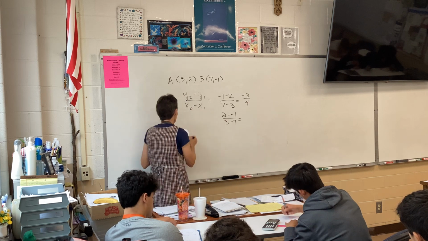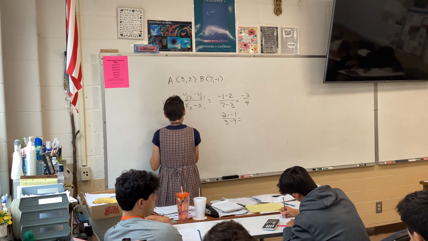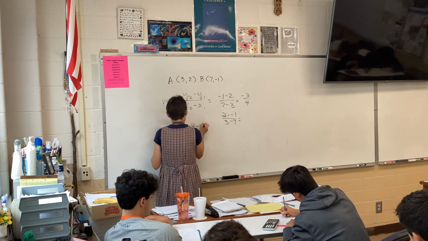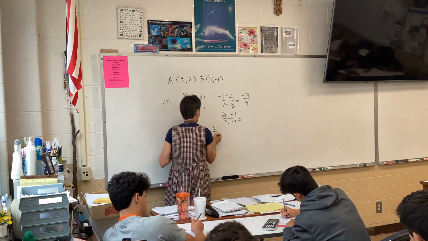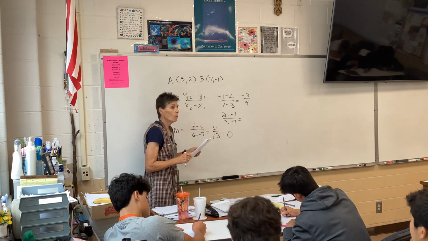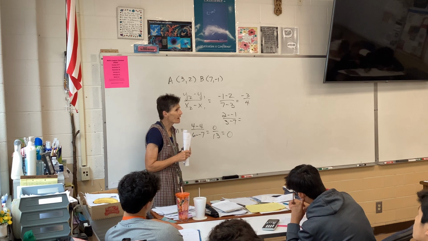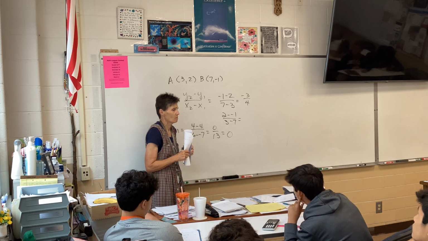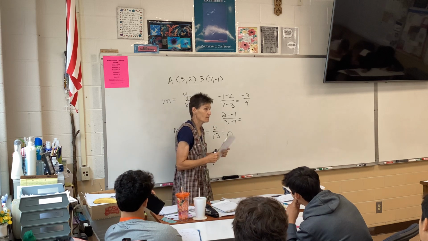What do you get for B? 0. Oh my goodness, you do get 0, don't you? 4 minus 4 over 6 minus negative 7, 0 over 14, which is 0. What's going on when the slope of the line is 0? It's horizontal, right? It's a horizontal line.